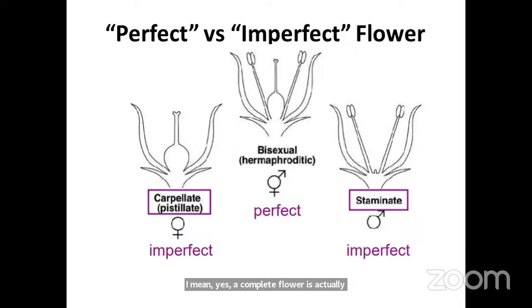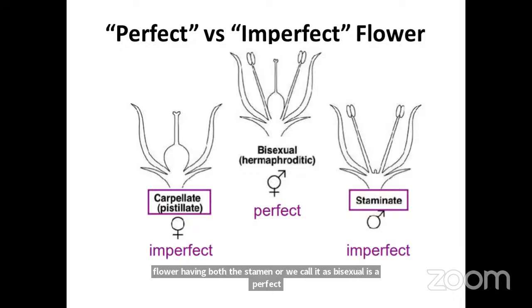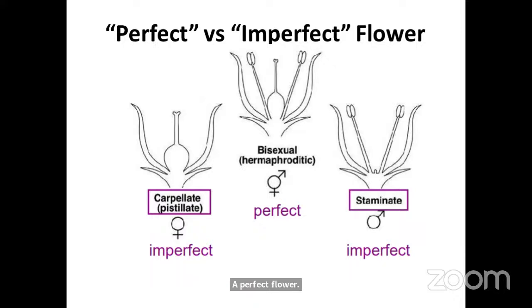Also, a flower having both the stamen and pistil, or we call it bisexual, is a perfect flower. But a flower is called imperfect if it has no stamen or it has no pistil, or we call it carpel. We call that an imperfect flower.